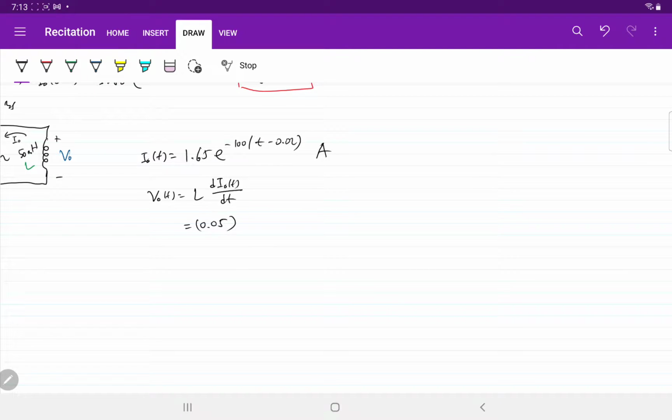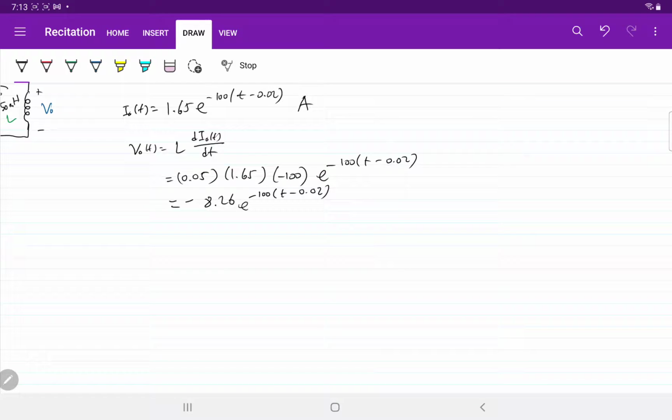Di over dt is 1.65 times minus 100 e to the power minus 100 (t minus 0.02), and this turns out to be minus 8.26 e to the power minus 100 (t minus 0.02), and this is the voltage for t greater than or equal to 20 milliseconds.